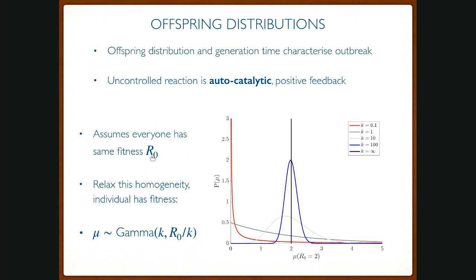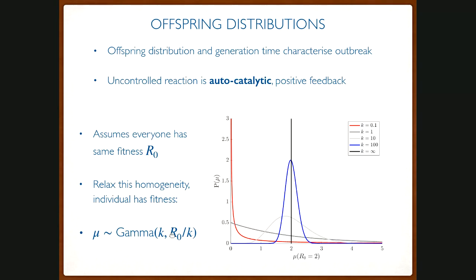We could relax that homogeneous assumption and say every individual can infect mu people, where mu is drawn from a gamma distribution with two parameters, k and R naught divided by k. But the key point of this parameterization is that the mean value of mu will still be R naught.